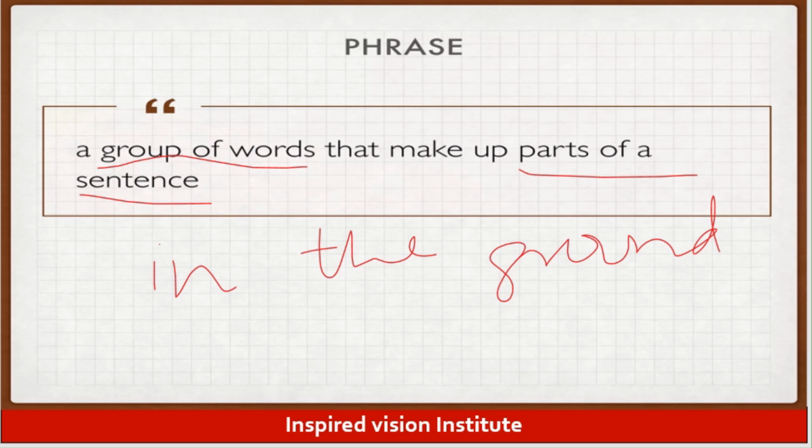To give complete sense, we need other parts of the sentence. If you say the boy is in the ground, then it becomes a complete sentence. So a part of a sentence, a group of words that does not give complete sense, will be a phrase.